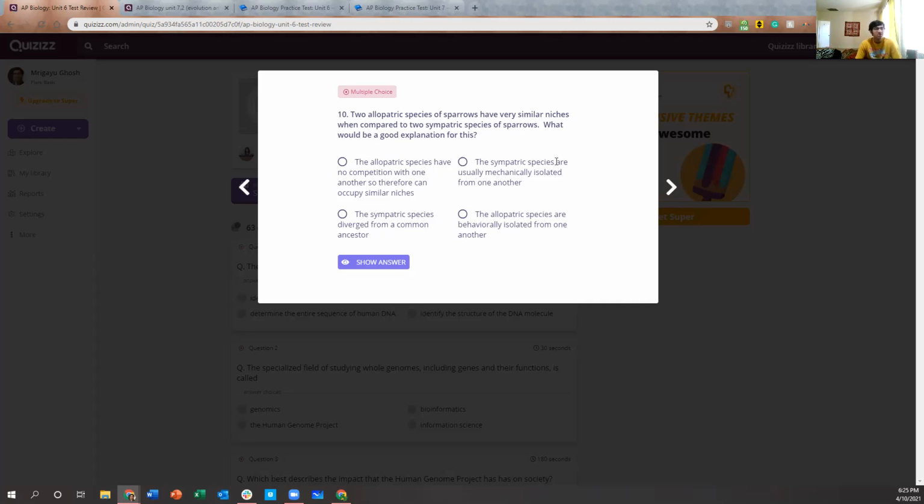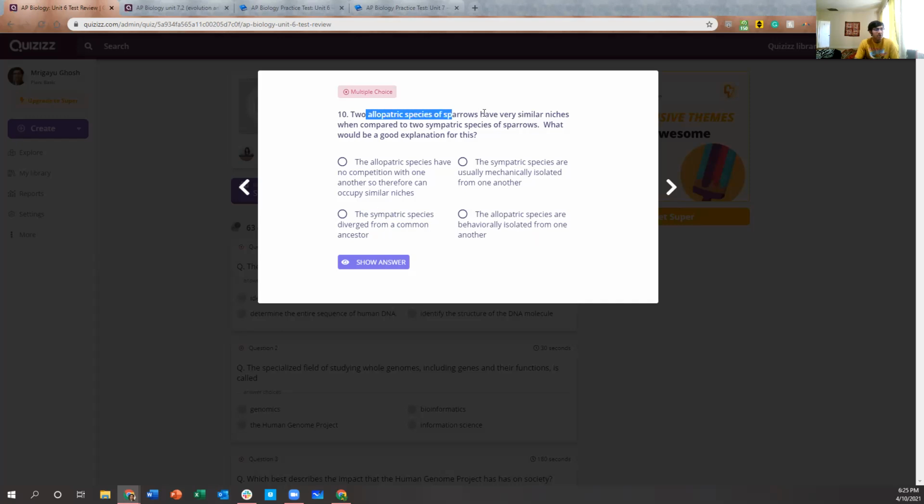The sympatric species are usually mechanically isolated from one another. Maybe, we don't know. The sympatric species diverge from a common ancestor, potentially. The allopatric species are behaviorally isolated. Okay, well, here's what we do know.